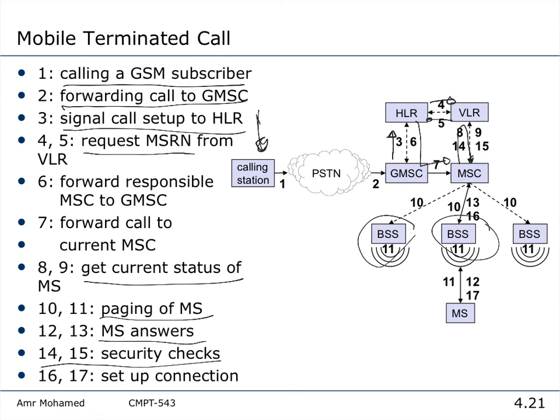And then stage 3, as an overview, is to page to find that mobile station. And paging is done in a propagation way, in a broadcast fashion. And then you establish the call, which is a secure call. So these are the major steps. Okay?